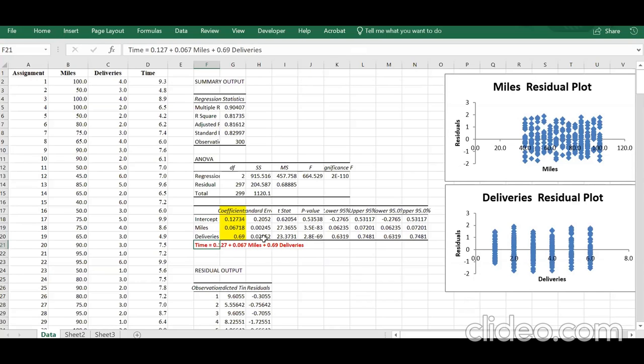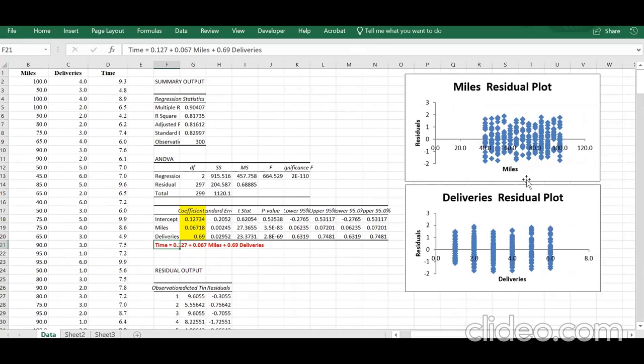All right, so that's the equation. And now we want to perform a statistical inference, all right? We have the necessary conditions. If we want to check the residuals here, these are the residual plots.